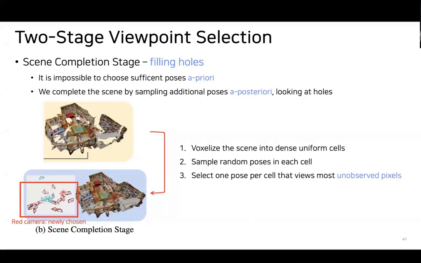In the scene completion stage, the objective of viewpoint selection is filling holes, this area. It is impossible to choose sufficient poses a priori, so we can complete the scene by sampling additional poses a posteriori, which are looking at holes.